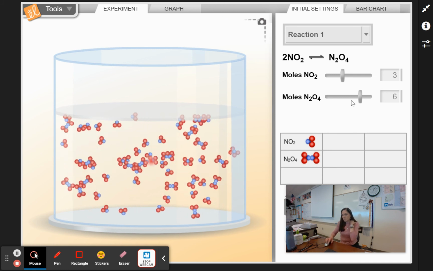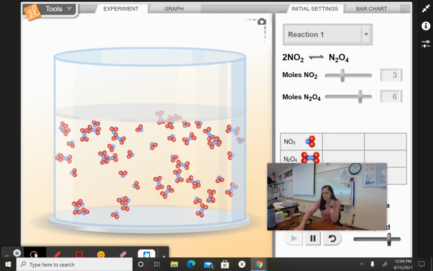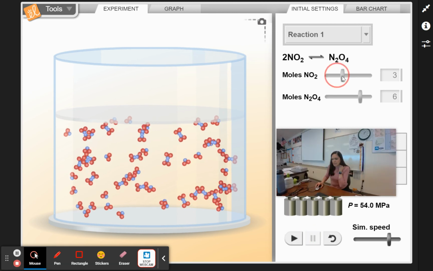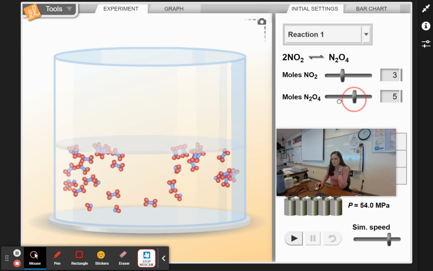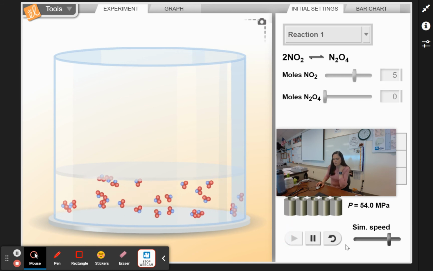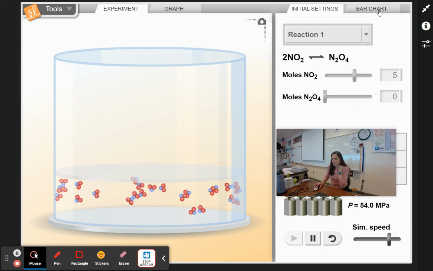Okay, so as we do this, we can keep resetting different amounts of things, see how that works, and keep on looking at things.